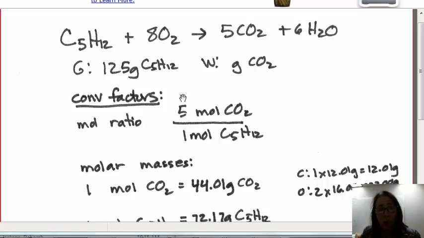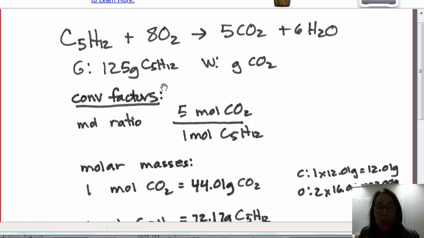So I'm going to organize my problem by first writing my balanced chemical equation at the top of my page so I can easily refer to it. Clearly state what information I'm given, which is the mass of C5H12, and what I'm solving for. Then I'm going to take the time to write down the conversion factors. First, I know I need a mole ratio.